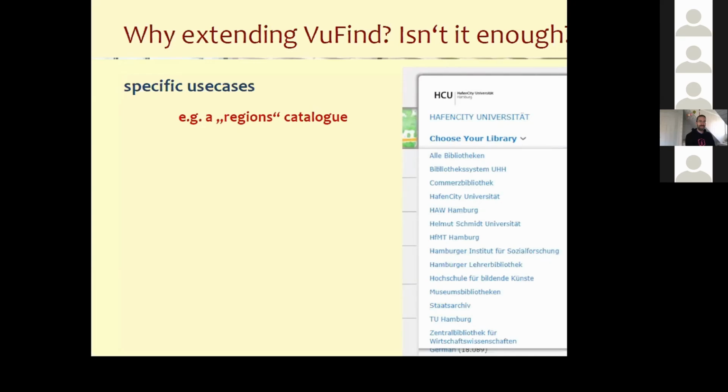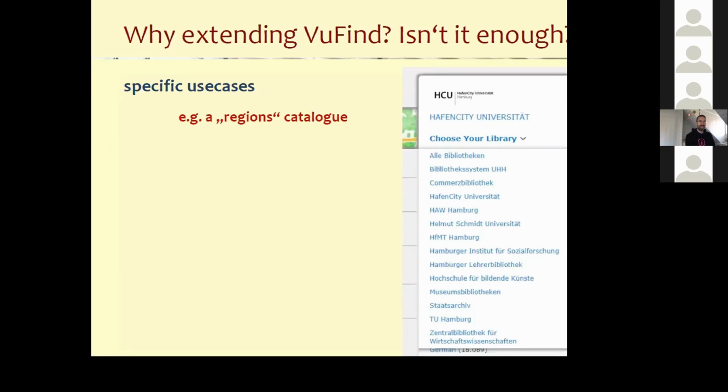One is, for example, that we have something like a regional catalog where the region is in particular Hamburg, and we have quite a lot of universities in Hamburg with different libraries, and some of those libraries consist of different libraries as well.